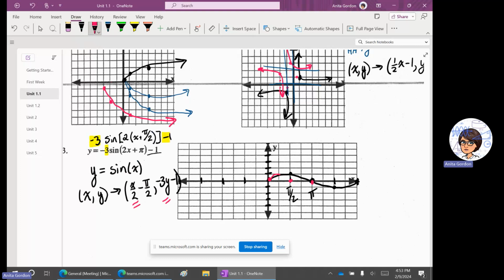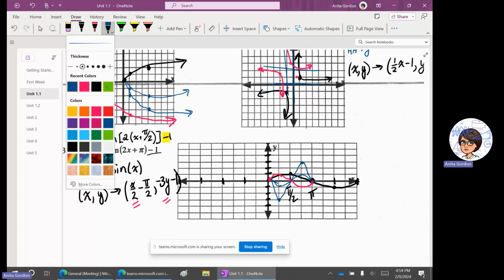So I'm going to go up, middle, down. Okay, so that's half my x's. And then I'm going to flip my graph. So I'm going down here. There we go. So now it's upside down. That's the negative on the y. And then to make it times 3, I have to go 1 times 3 here, 1, 2, 3, here, 1, 2, 3. So I've made it taller by 3.